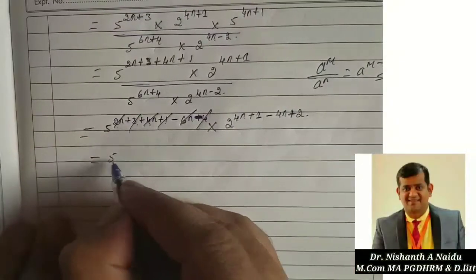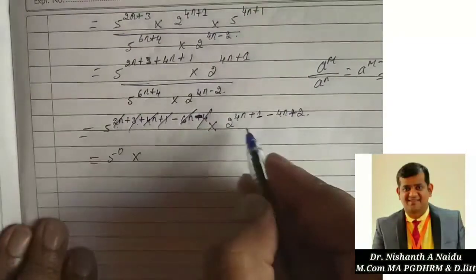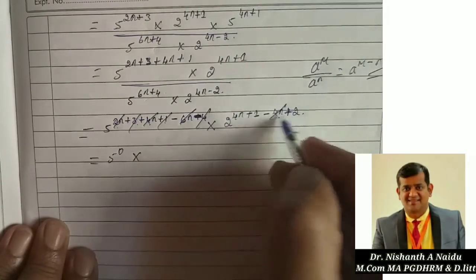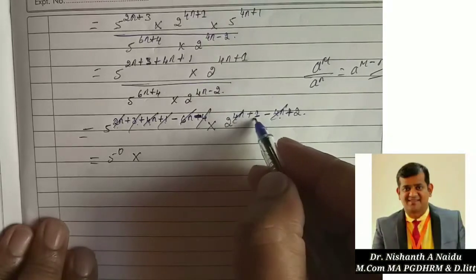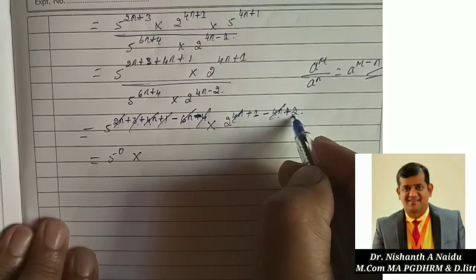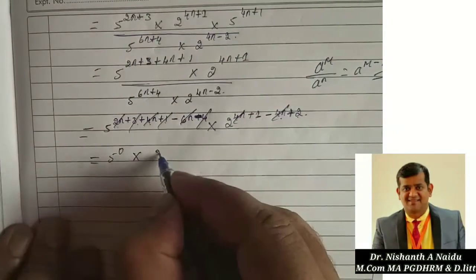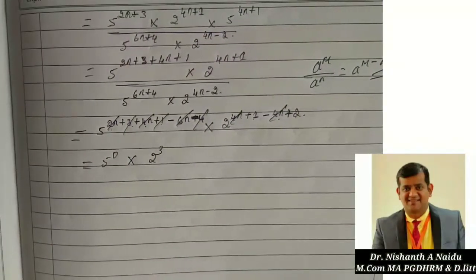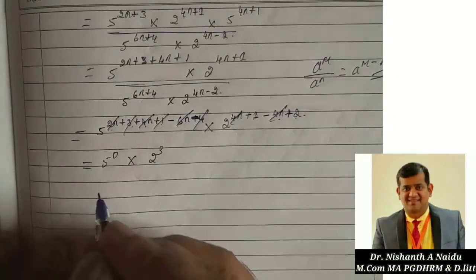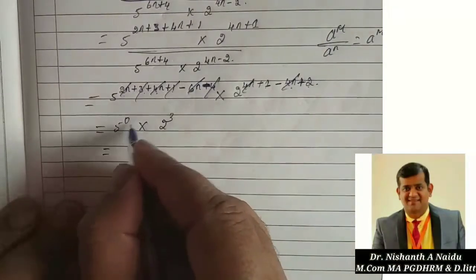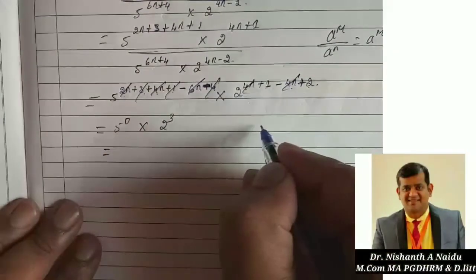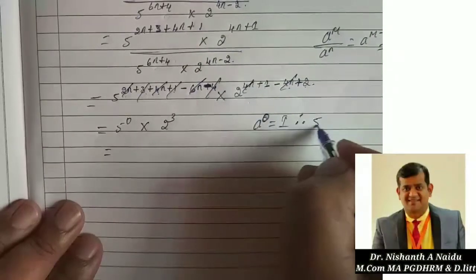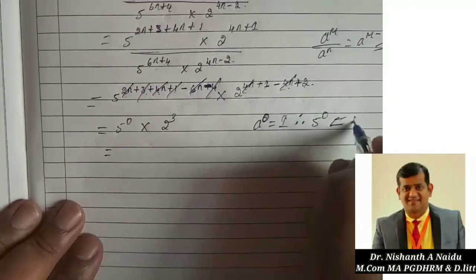So then 5 to the power of 0, into 4n minus 4n get subtracted, plus 1 plus 2, that is 3. So that is 2 to the power of 3. So that becomes 5 to the power of 0, and 5 to the power of 0 is equal to 1.